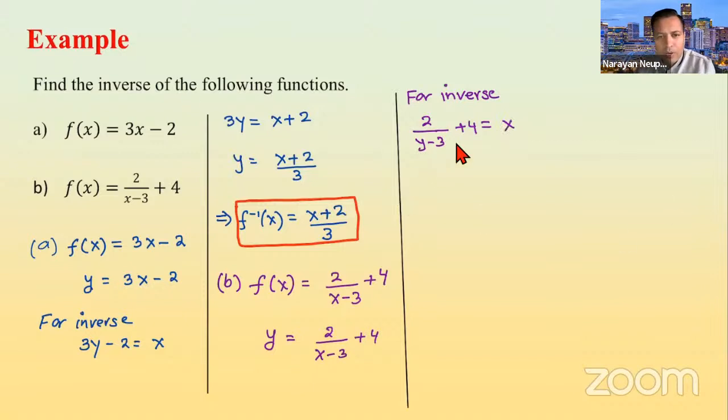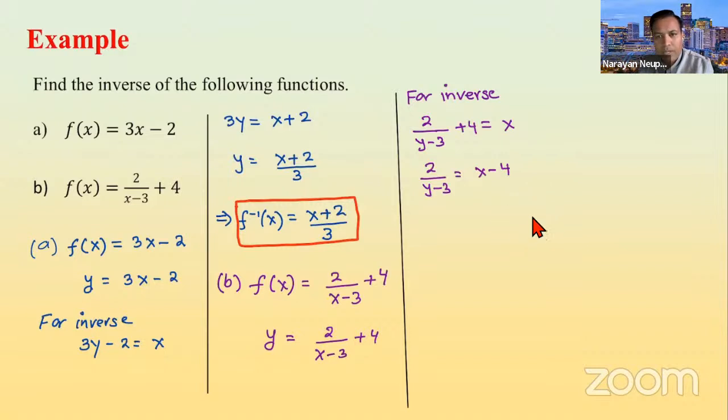Then we need to solve this equation and find the value of y. First we move this 4 to the other side. So it becomes 2 over y minus 3 equal to x minus 4.